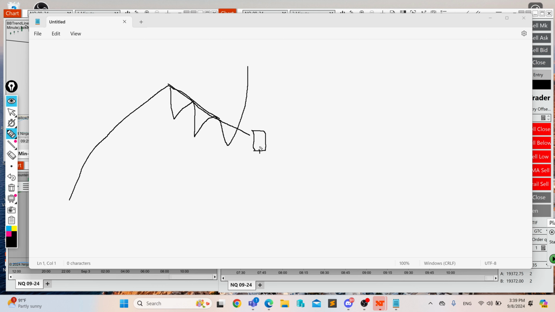So within the algo, we can specify the bar size itself, which will be the risk. We can specify this bar. We can specify this wick.